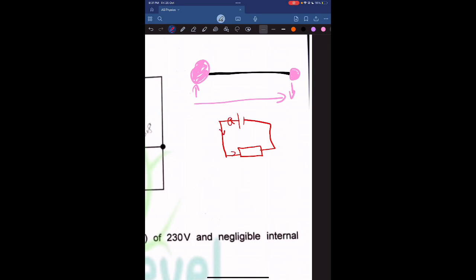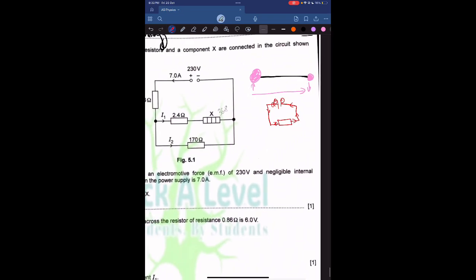Why doesn't it just stay here? Well, it is because if a charge is here, this region is positive and this region is negative, so it will go from the positive region to the negative region because it is moving from a region of higher potential to a region of lower potential. That's why the charge is moving.